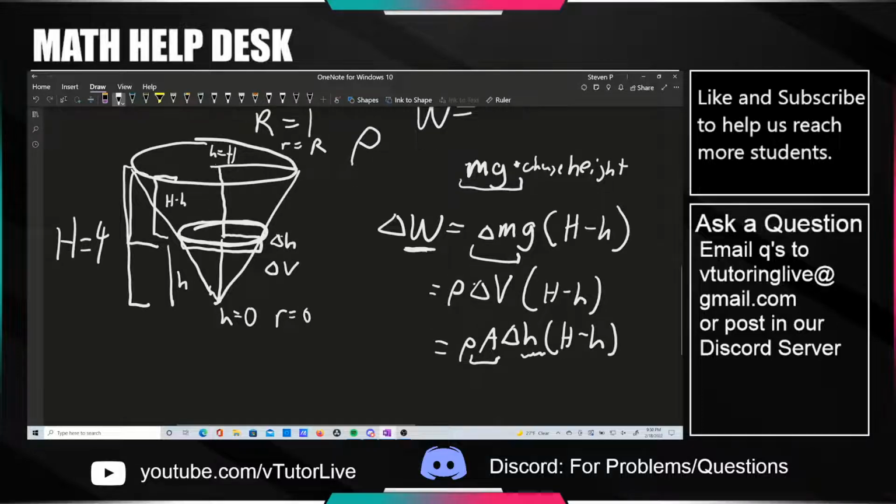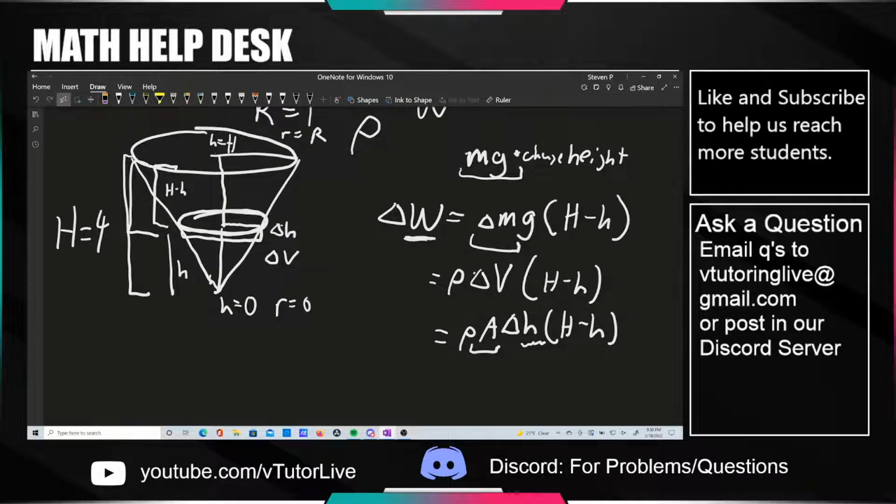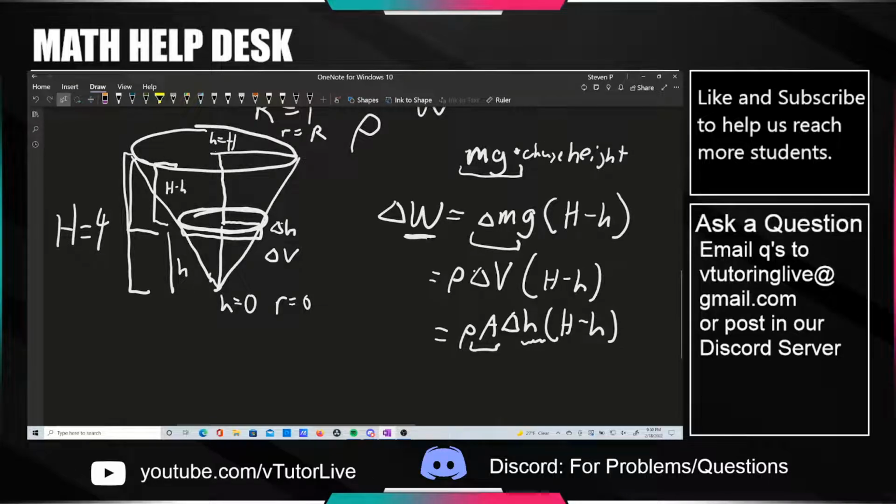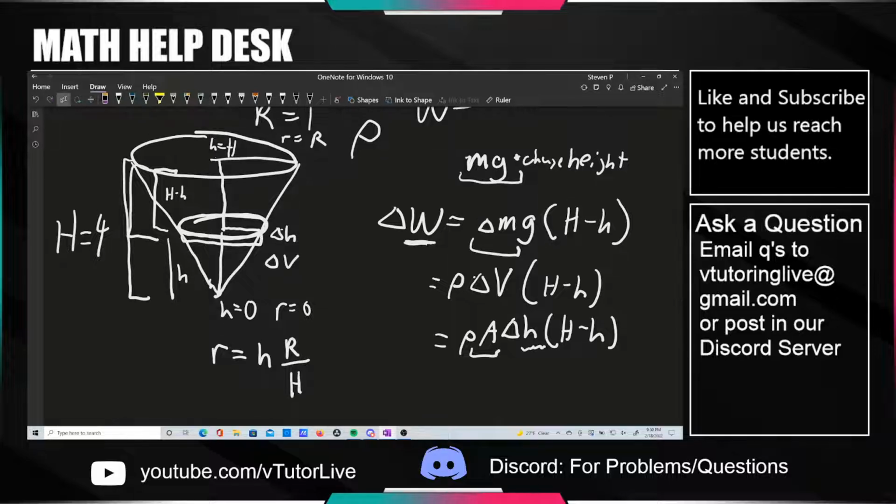So the point is that we have a directly linear equation, and it looks to me like r is just equal to h times r over h, I guess. Does that seem right? It really shouldn't be that crazy. It's just a linear expression, right?